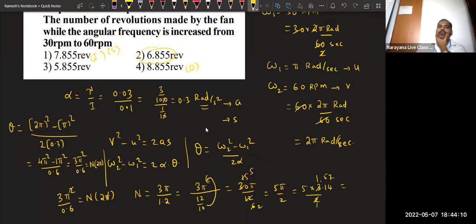Then into 5, 1.57 into 5, how much? 5 7s are 35, 5 5s are 25 plus 3, that is 7.85 revolutions. Option 1 is the correct answer for the question.